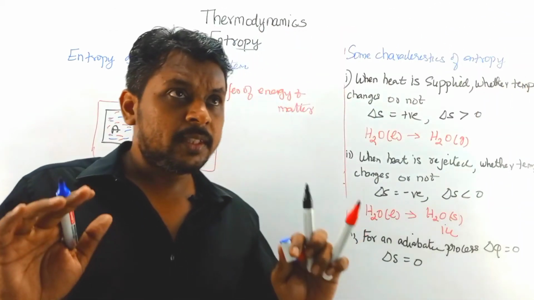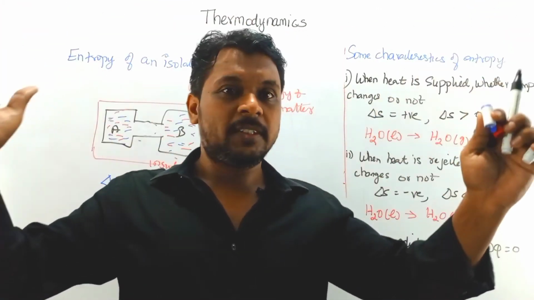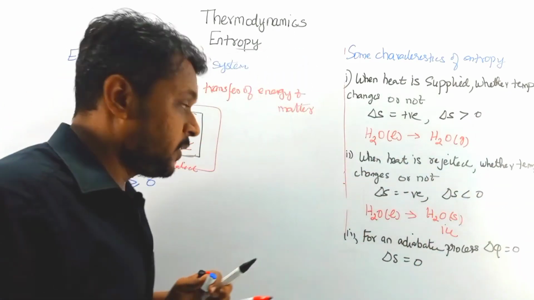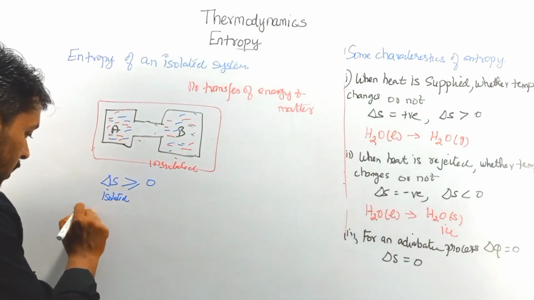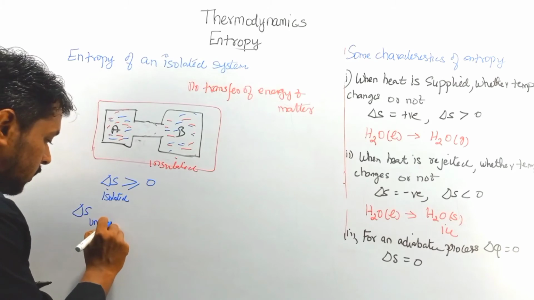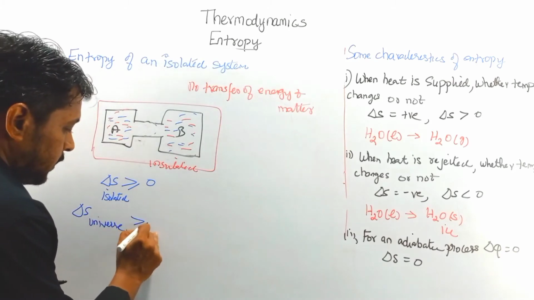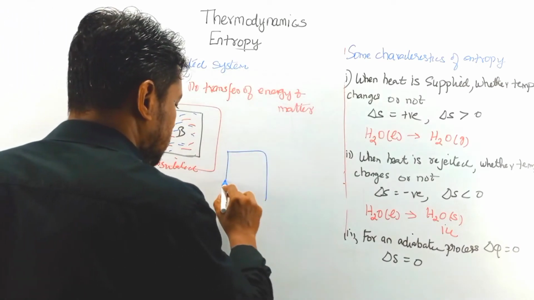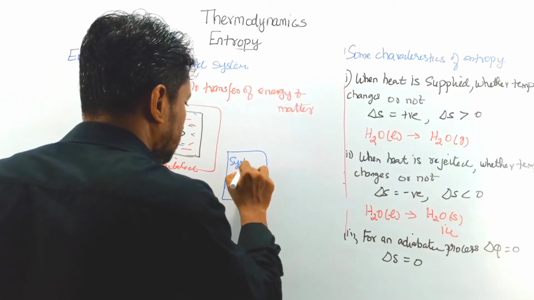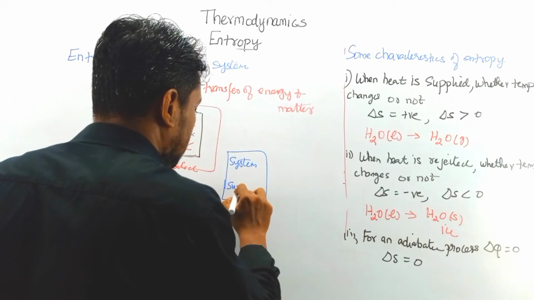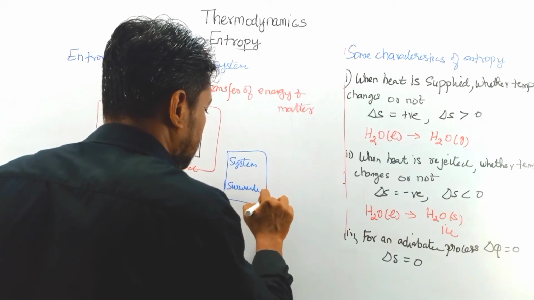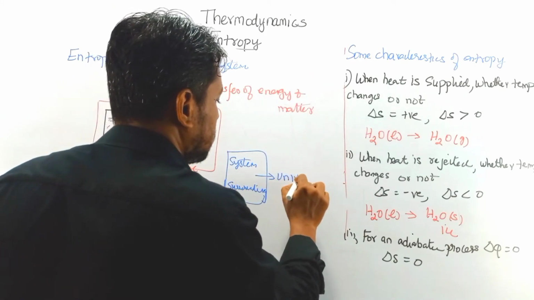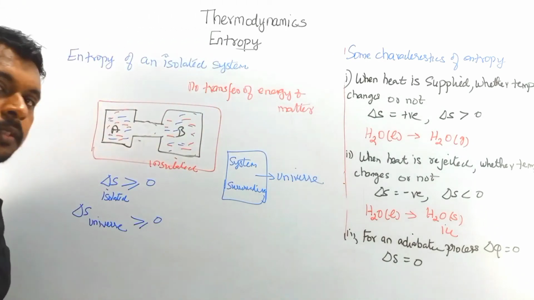Okay, so now we consider this universe as an isolated system. The change of entropy of your universe is always greater than or equal to 0. So what is this universe? This universe consists of system plus surrounding.